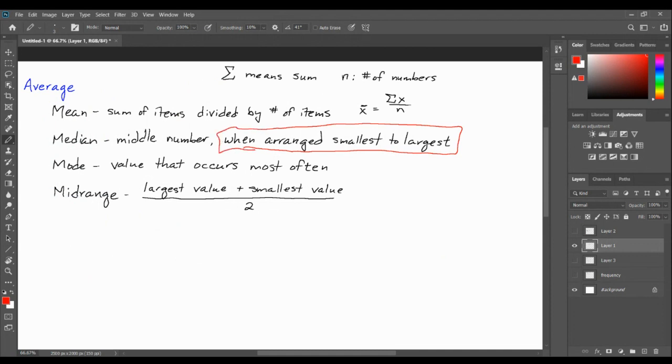And it's not so much a calculation as just adding over until you're halfway through. The mode is the value that occurs most often. Mid-range is the largest value plus the smallest value divided by 2. So we're really taking the mean of the smallest value and the largest value. That's what we're doing to get mid-range.